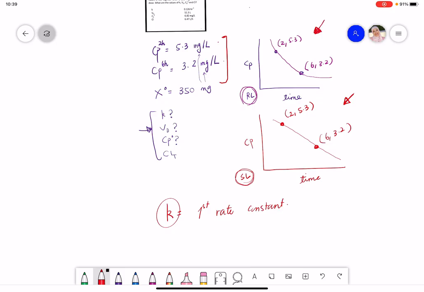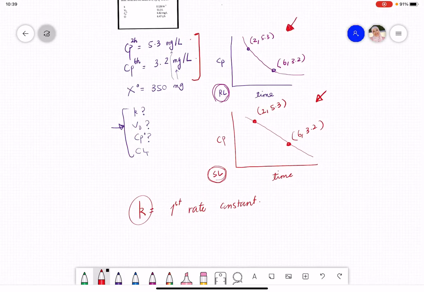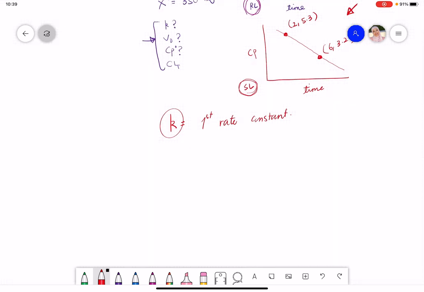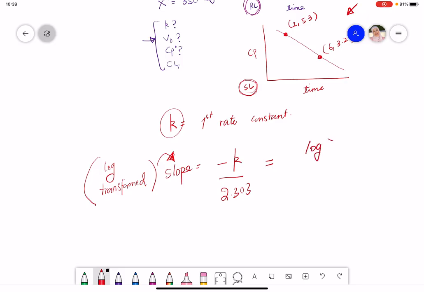So what you need to do, because we have it here as a concentration rate transformed, you need to know this, which you already know, that it is equal to minus K over 2.303 if we are on a log transformed equation or graph, okay? And this would be log y2 minus log y1 over t2 minus t1.